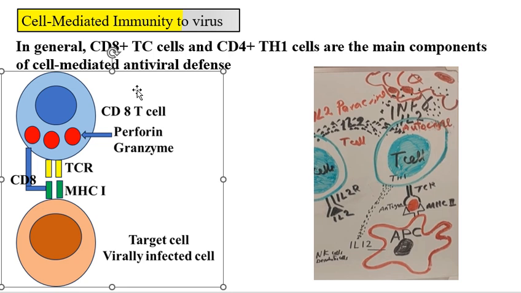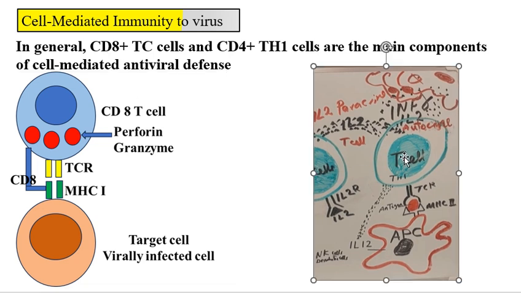Also the CD4 cell, as can be seen here, produces interferon gamma, which also has antiviral activity, but this is however a type 2 interferon. And as I mentioned, type 1 interferons are interferon alpha, beta, and maybe omega.